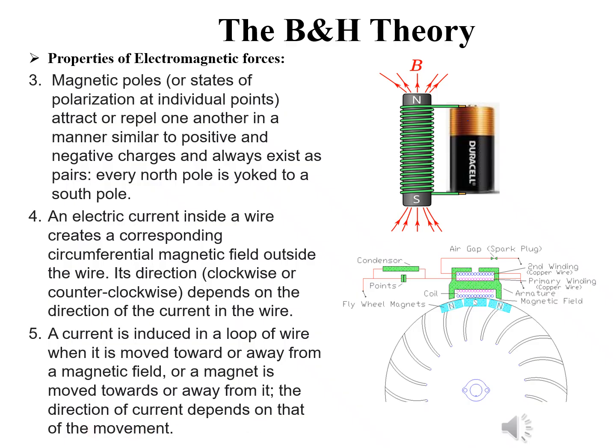So here we have 2 diagrams. This diagram here shows a winding of a copper wire around a metal core and hooked to a battery, and it's showing the north side as negative.